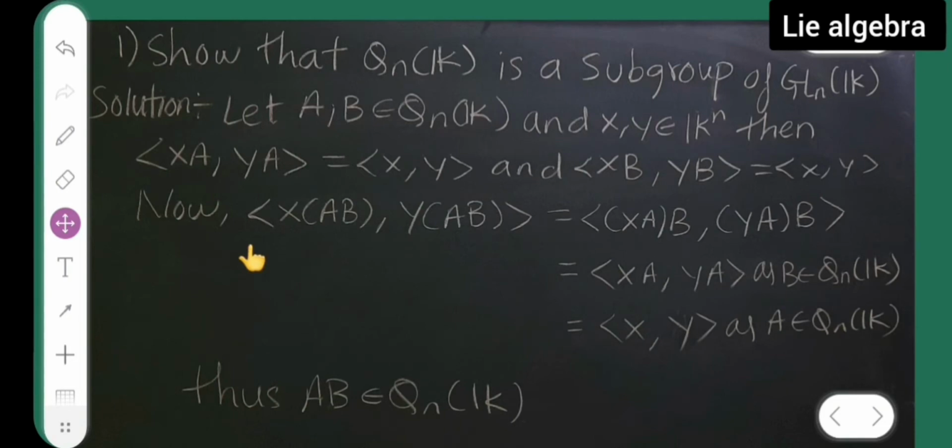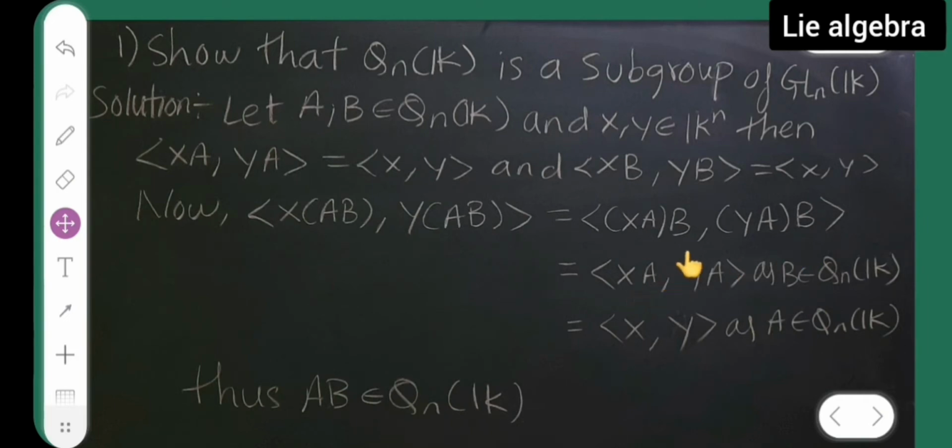Now what we have to do is combine A and B. So the inner product of x(AB) comma y(AB) is equal to the inner product of (xA)B comma (yA)B.